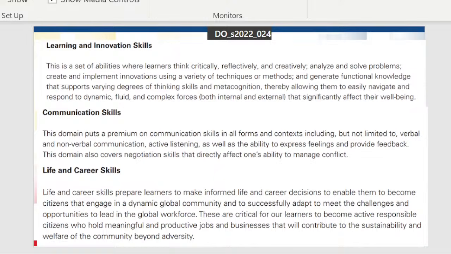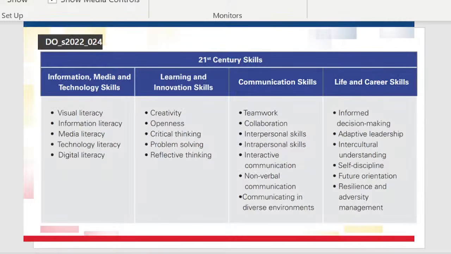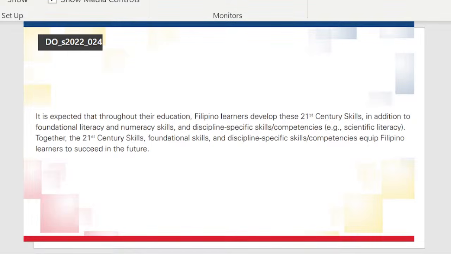As responsible citizens, hold meaningful and productive jobs and businesses that will contribute to the sustainability and welfare of the community beyond adversity. Again, these are the 21st century skills.